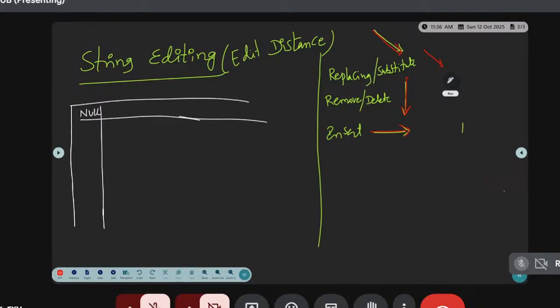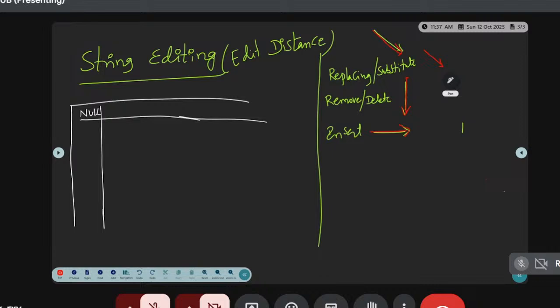Based on that, this string editing is one application of the dynamic programming approach. It finds how many operations are required to transform string 1 into string 2. Earlier, ABC can be transformed into AB, suppose. How many operations are required? One operation, the remove operation. So from this table, after applying the dynamic programming technique, finally it will announce as a result that you need this many operations to transform string 1 into string 2.